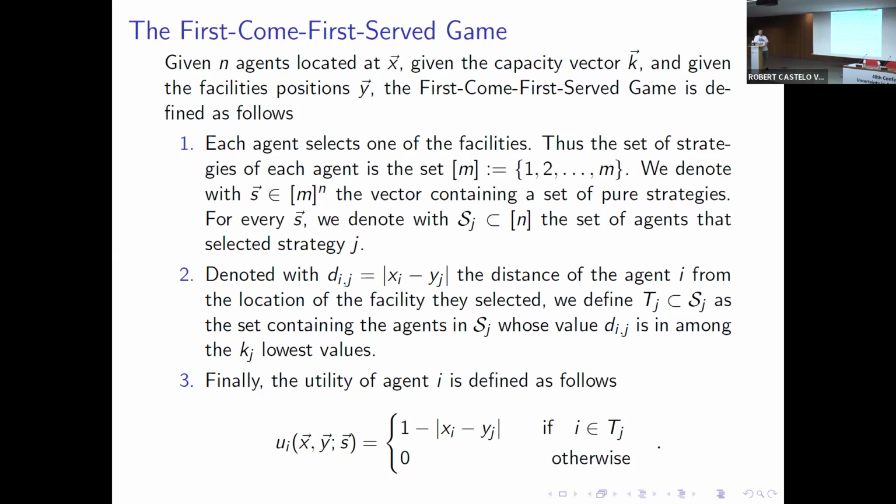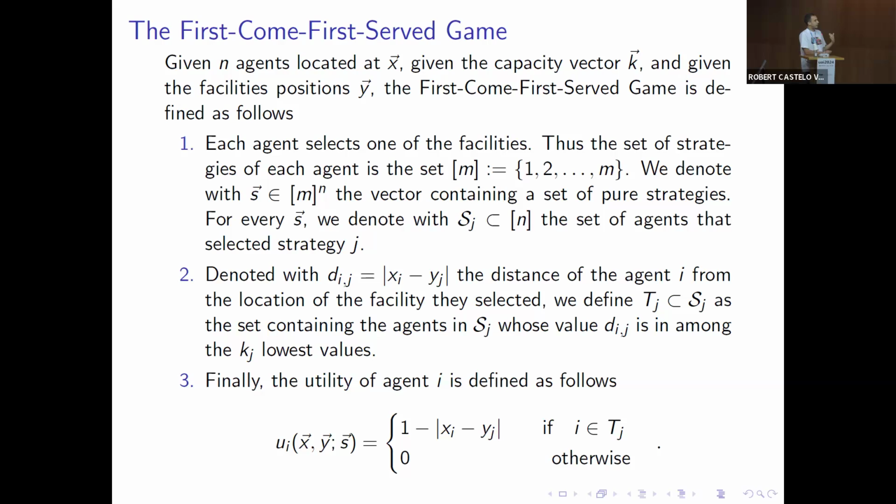So the set of strategies of every agent is a number between 1 and m, which identifies which facility they want to go to. Then for every facility, let's say 1, the k1 agents that are closer to the facility and that also selected 1 as their strategy get allocated to the facility, while the others are not getting any, they're not getting there in time, roughly speaking.